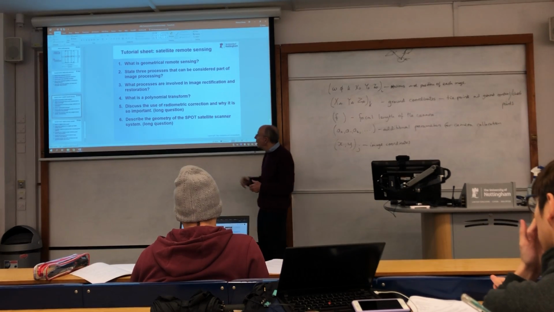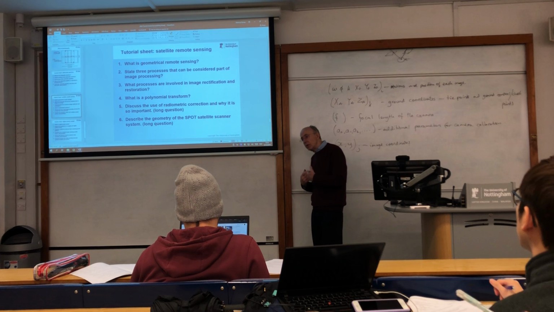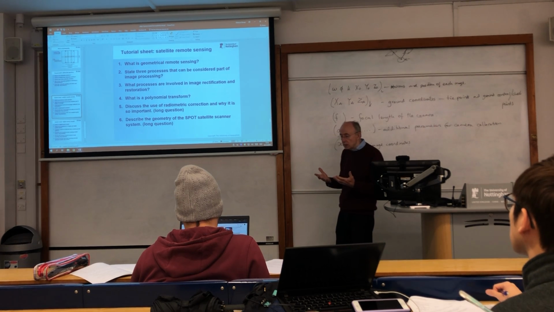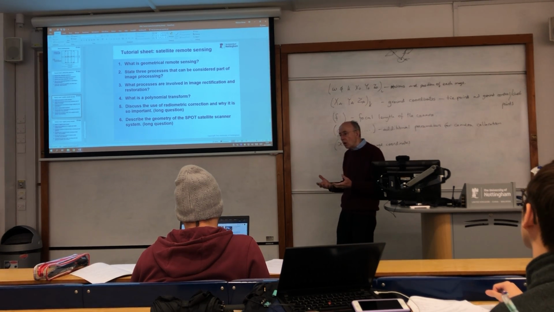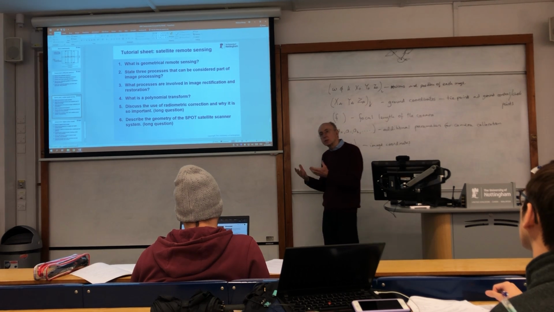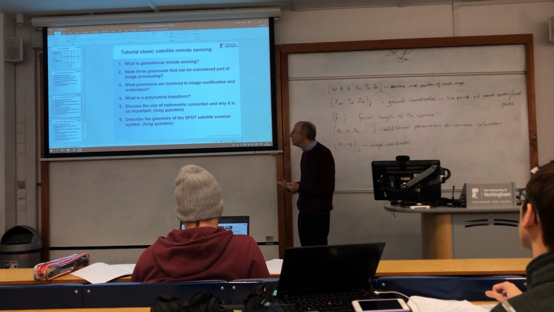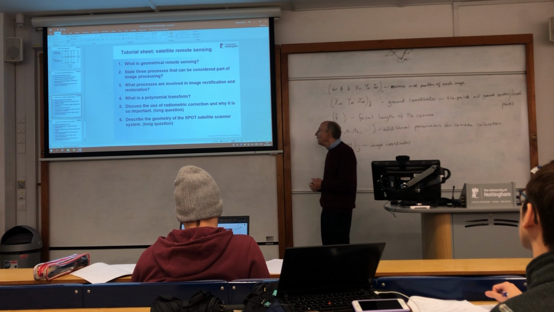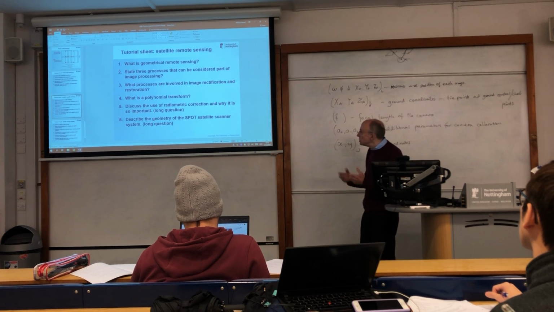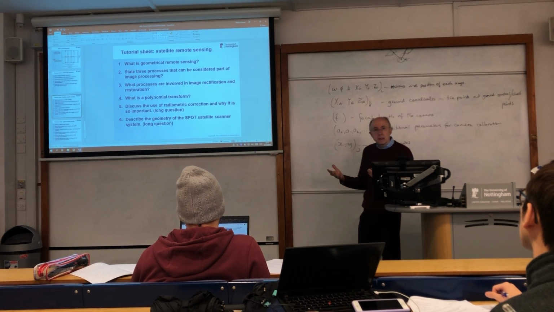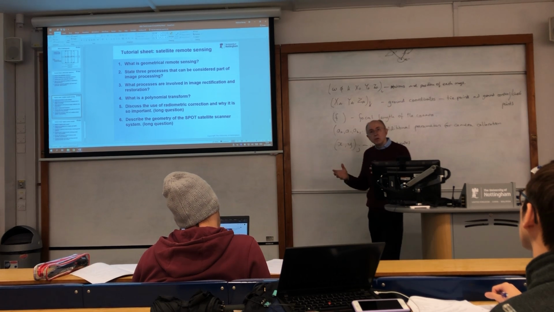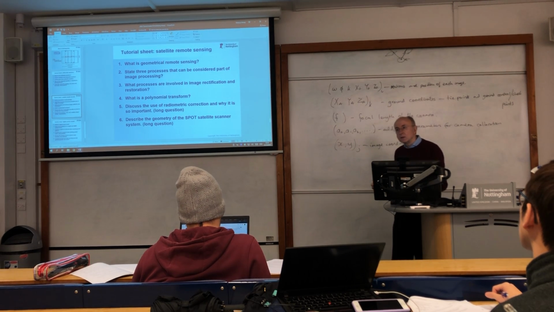Radiometric corrections are to do with the calibration of the spectral bands that you can record. And once you've captured the image, you can then calibrate it to actually give you the purer spectral bands.